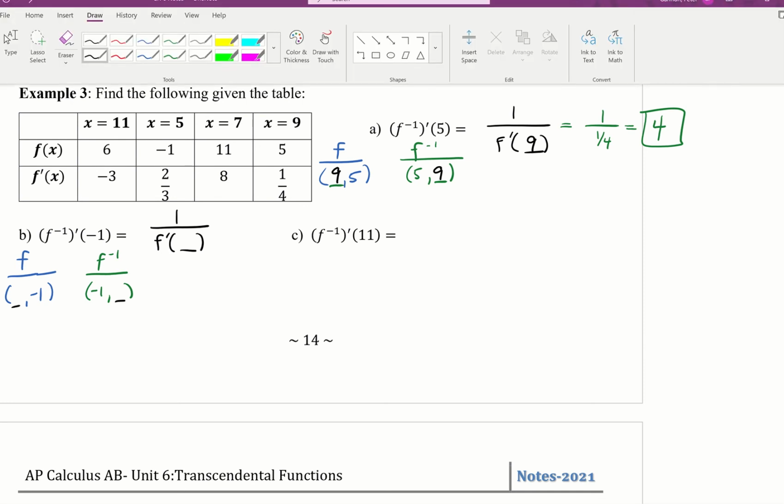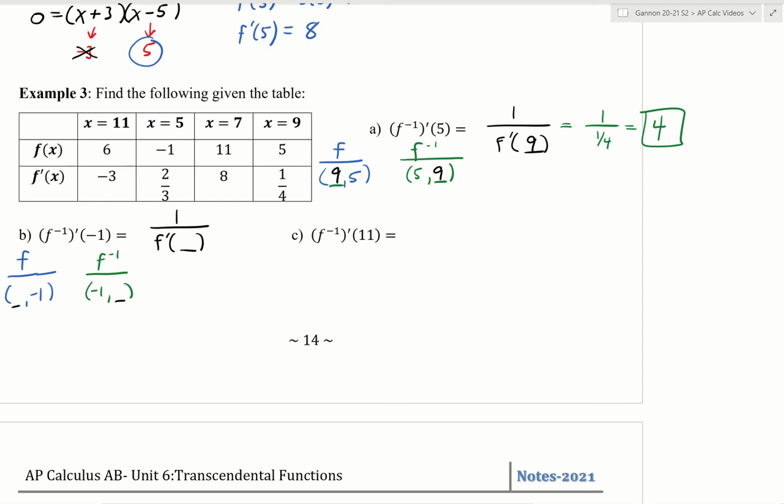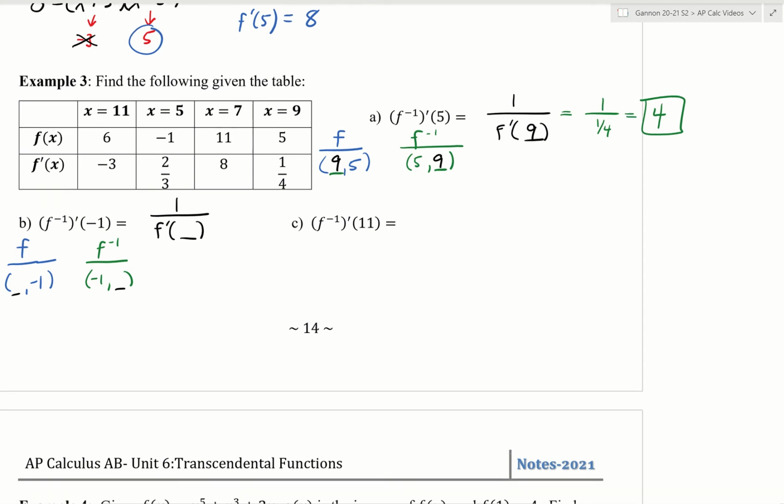Again, we want to go back to our table and figure out which f has an output of -1. Well, that's here. So 5. In order for us to find the derivative of the inverse at -1, it's going to be 1 over the derivative of f at 5. So that's 1 divided by 2/3, which is 3/2.